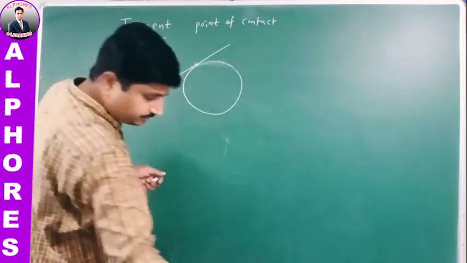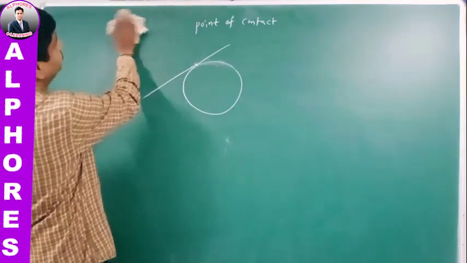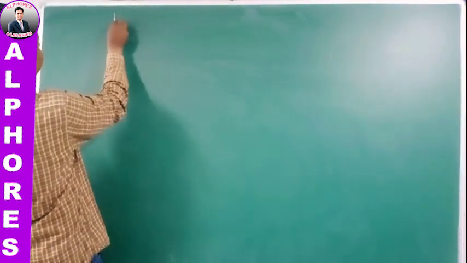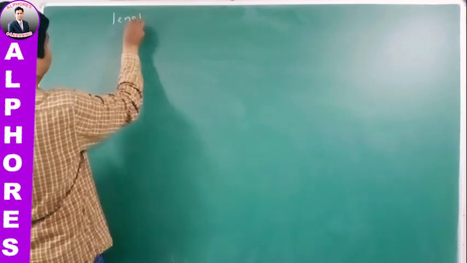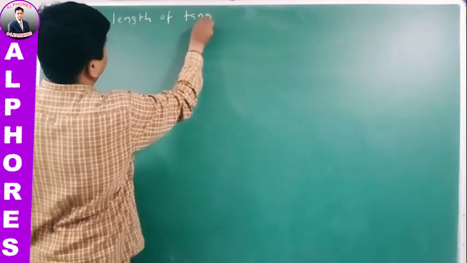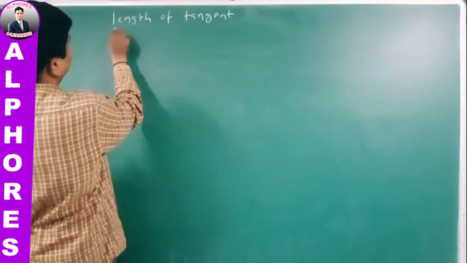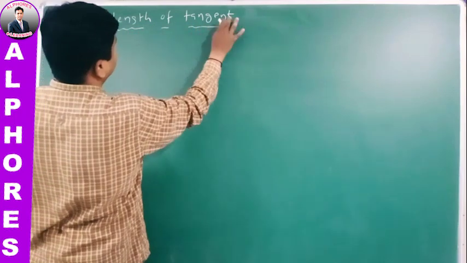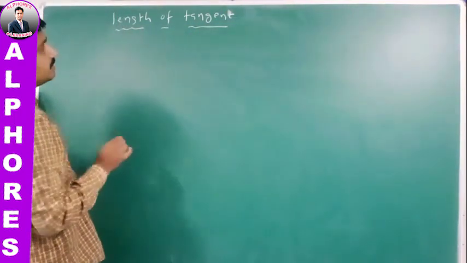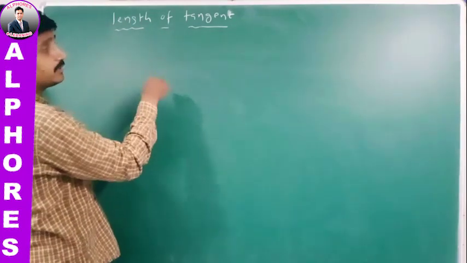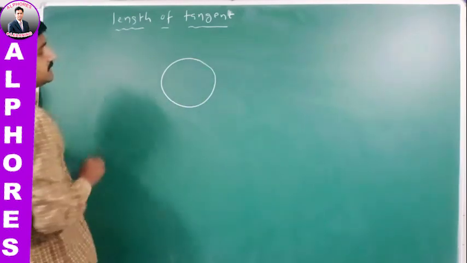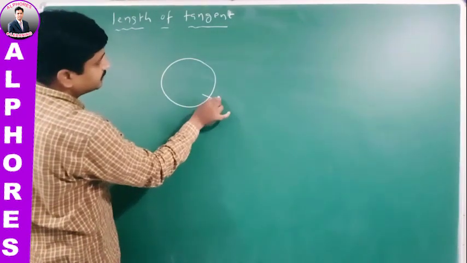Okay, next. Length of tangent. What is the length of a tangent with respect to the circle? Suppose this is the circle, S = 0.